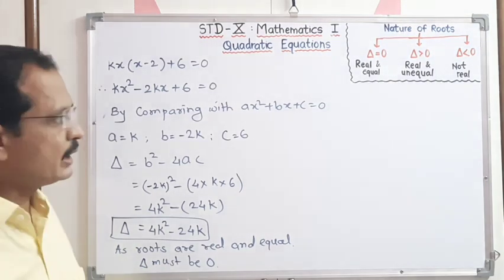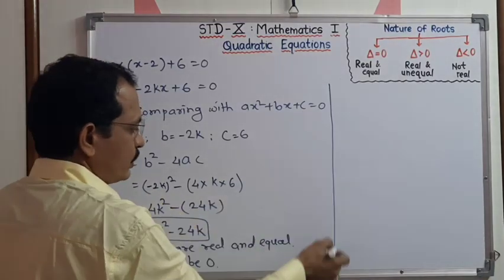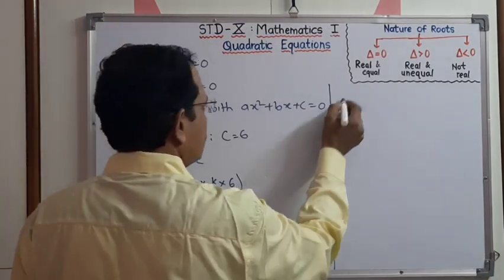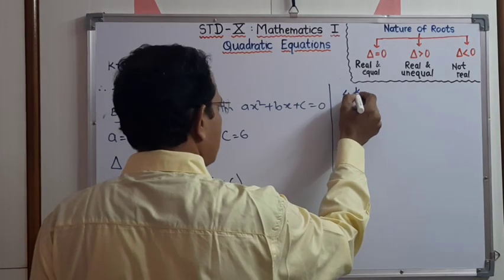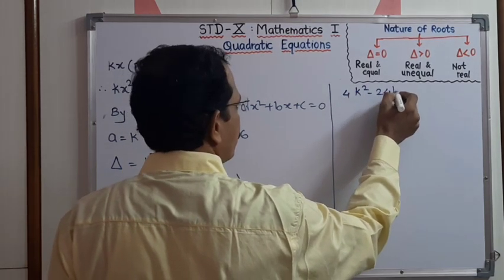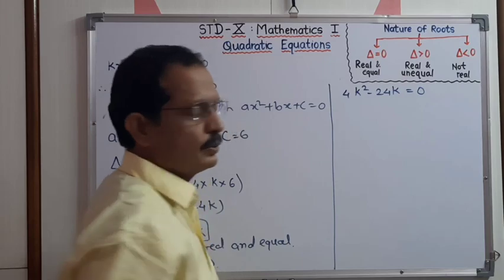That means the value of delta is 0. Therefore first of all we have to assume that 4k square minus 24k is equal to 0.